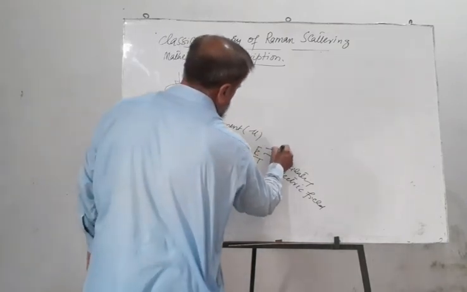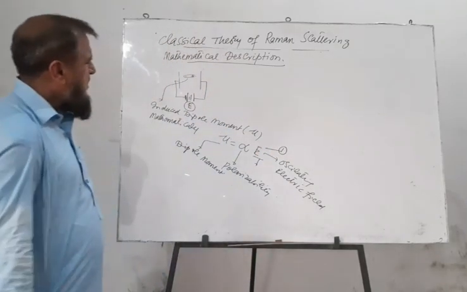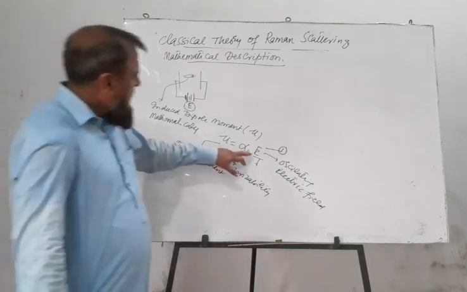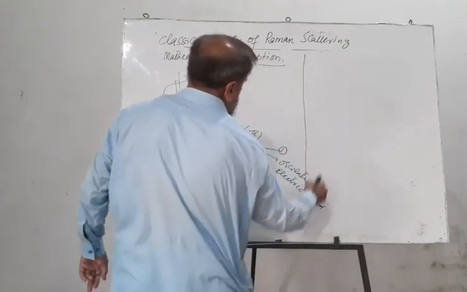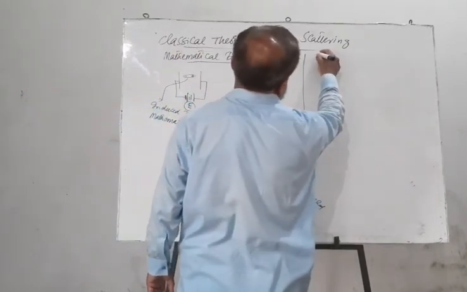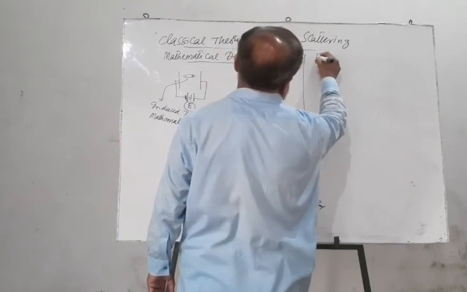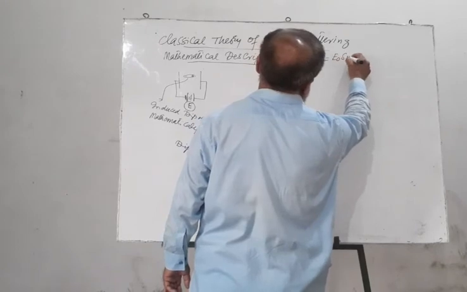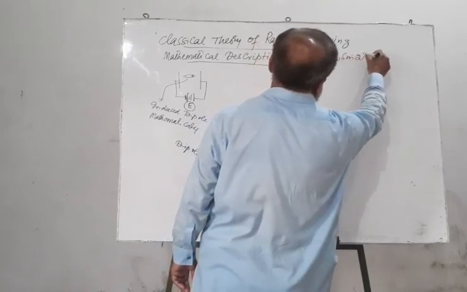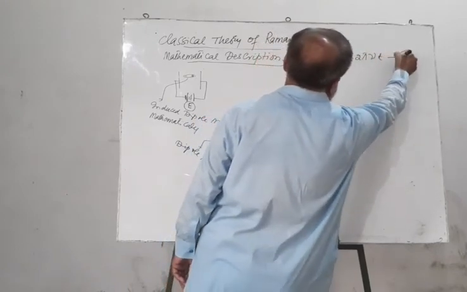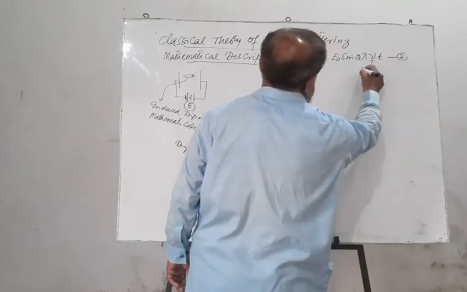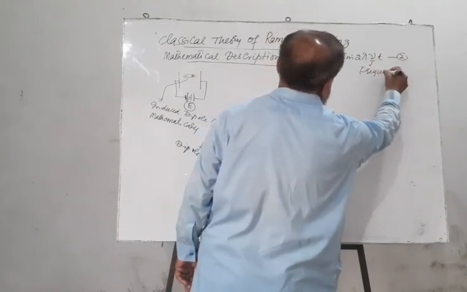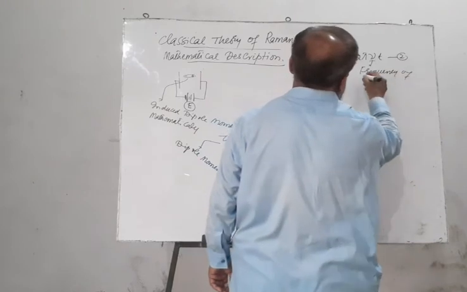Equation number 1. Now the oscillating electric field is given by E is equal to E naught sine 2 pi nu t, where nu is the frequency of electromagnetic radiations.